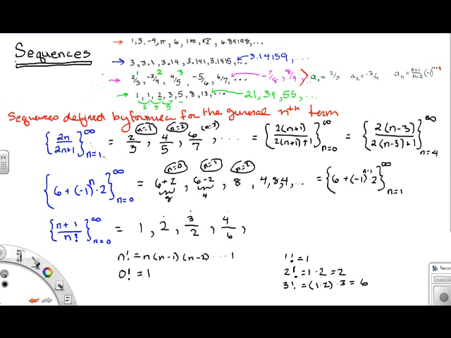And when I plug in n equals, where am I to? 4, I get 5 over 4 factorial. And 4 factorial is going to equal 3 factorial times 4, right? Because that's going to be 1 times 2 times 3 times 4. And that's, of course, equal to 6 times 4, which is 24. Okay, and so on down the road. Okay, so let's see if we can go backwards from here now.